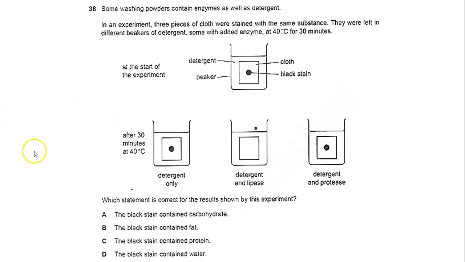So now, this one with detergent only, this one with detergent and lipase, and this one with detergent and protease. The stain disappeared in detergent and lipase. So this means that the stain was made of what? Yes, the black stain contained fats. Why? Because lipase is the enzyme that breaks down lipids or fats.